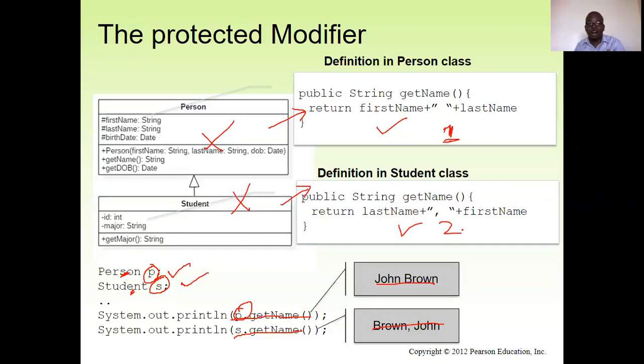Then you could always play around with which of these you use. Even if you're in the child class, you could actually say super.getName to invoke explicitly the one in the parent class. You with me?